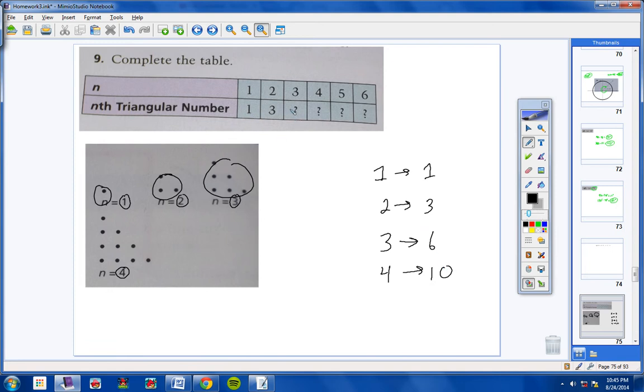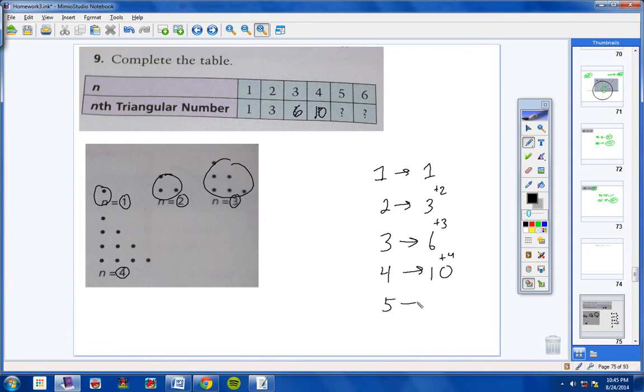And so obviously figure number 3 has 6. We can put a 6 right there. Figure number 4 has 10. And then instead of drawing the next pattern and the next pattern, we can just look for a pattern here. From 1 to 3 we added 2. From 3 to 6 we added 3. From 6 to 10 we added 4.